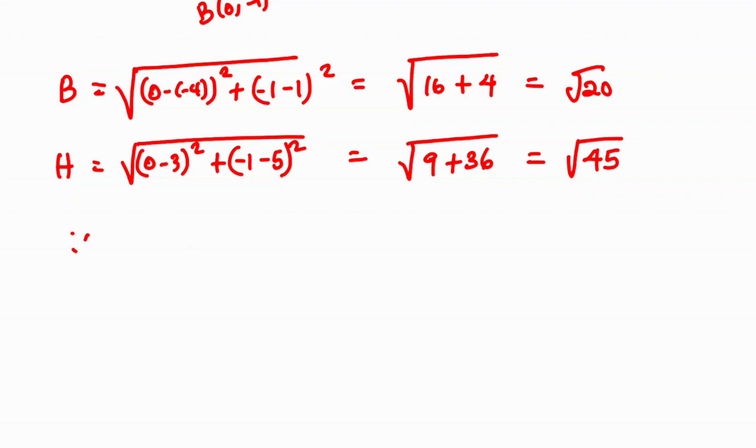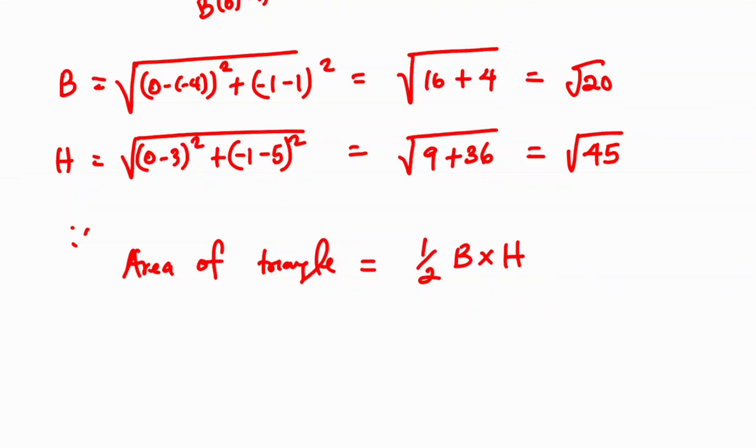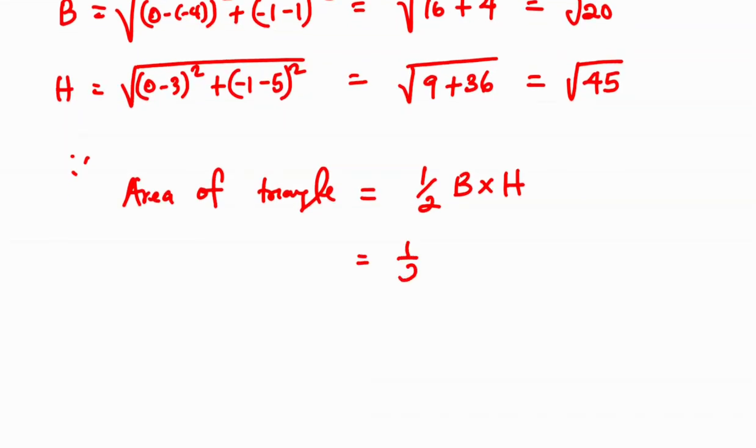Remember, the area of a triangle is half base times height. So I'm going to have 1 over 2 times root of 20, then times root of 45.